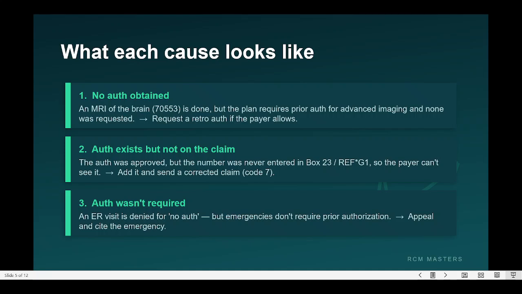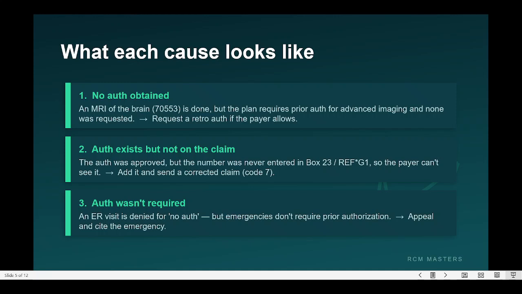For the mismatch, the auth was actually approved, but the auth number never made it onto the claim. It wasn't entered in box number 23 on the CMS 1500 paper form or in the reference segment on the 837 electronic claim file. So the payer cannot see it.